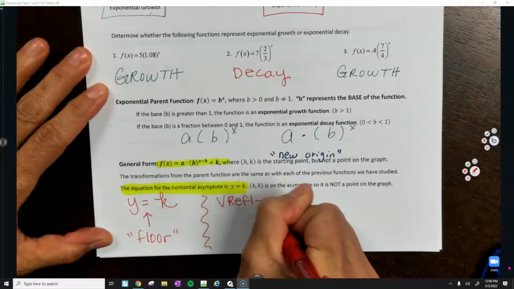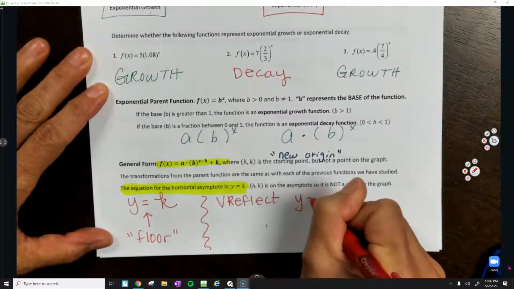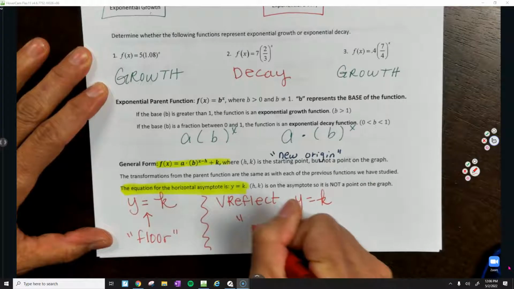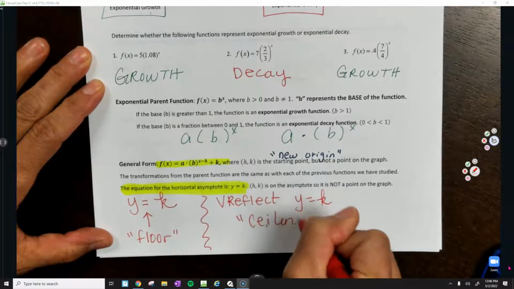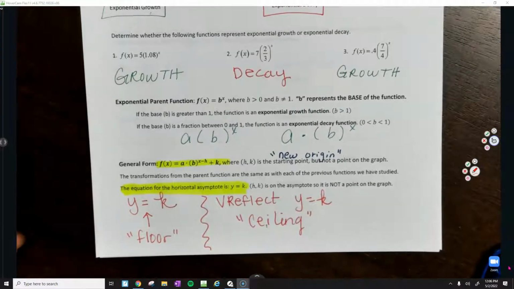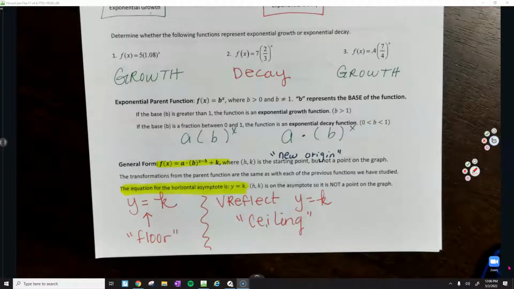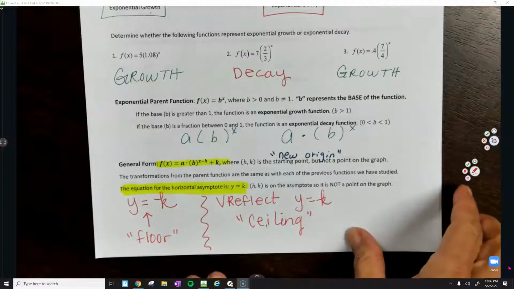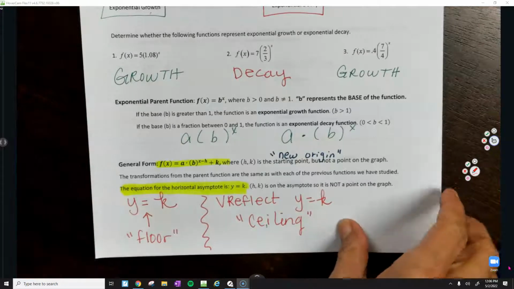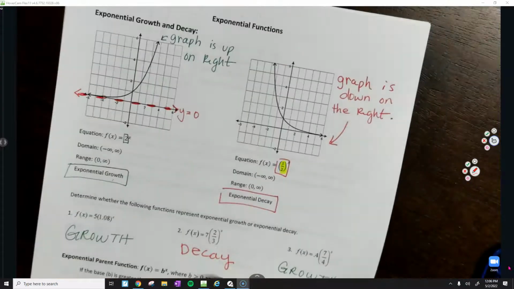Vertical reflections make y equals k a ceiling. That's the highest the graph is going to reach. So it's either a floor or a ceiling for an exponential function. Let's go ahead and take a look at the next page.